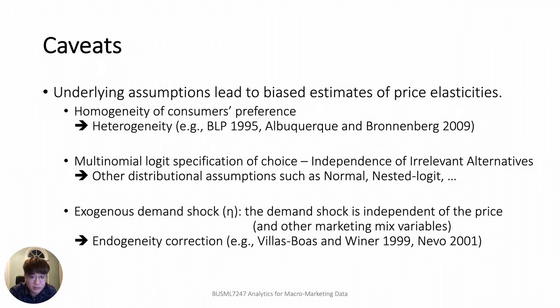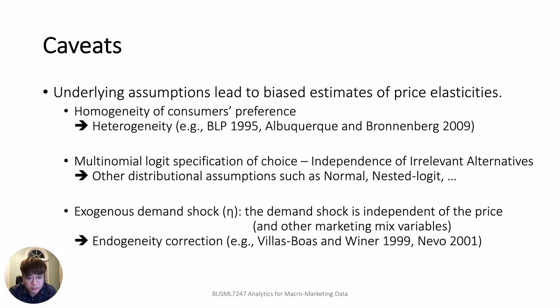The other assumption is the exogeneity of the demand shock. In reality, the market shock is sometimes coming from or strongly correlated to the marketing activities, including pricing. For example, there could be inherent product quality which is not observed as product characteristics, and the unobserved quality is definitely reflected in the price, so high unobserved quality is positively correlated to the price.